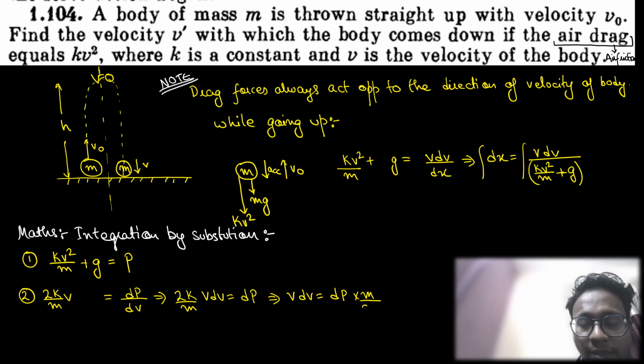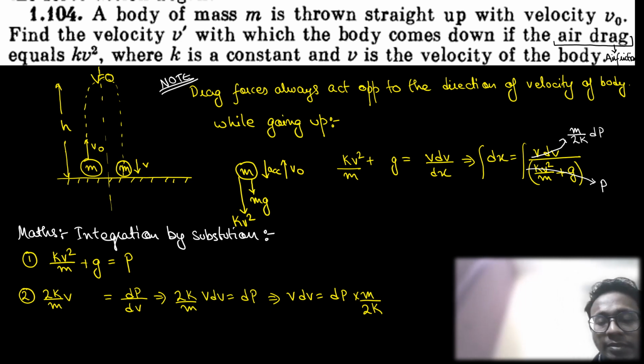So this complex problem came out to be simple. This entire value is nothing but p, and this v dv is nothing but dp into m by 2k, but m and 2k are constant. So out here, this is nothing but m by 2k into dp.